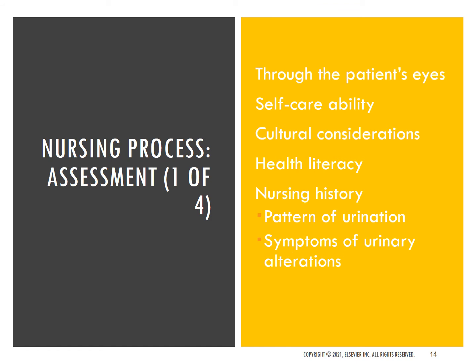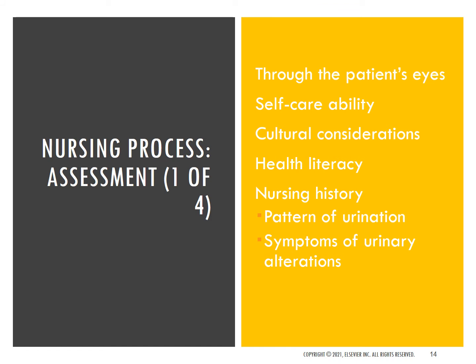And then you want to obtain history from the client. So what is their normal as far as their urinary elimination pattern? What's normal for them? Do they possibly work a job where they don't get to take bathroom breaks very often, or maybe they get busy and forget?